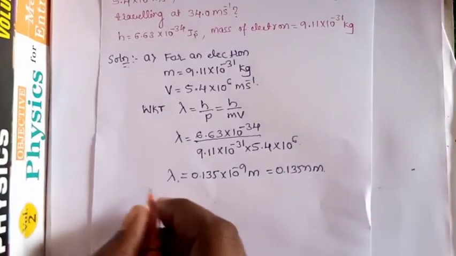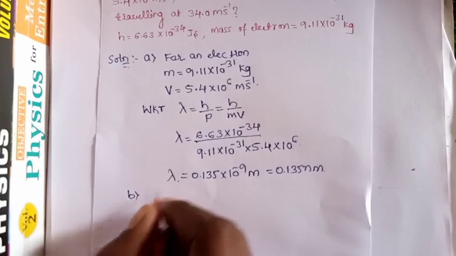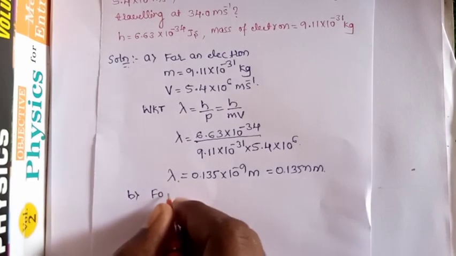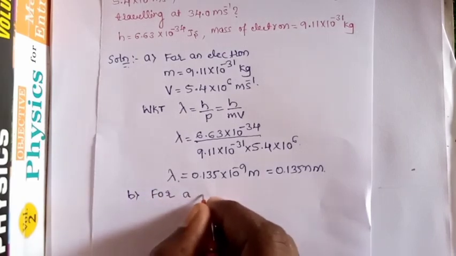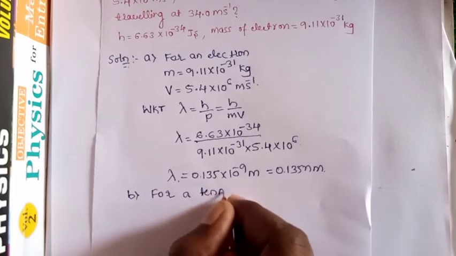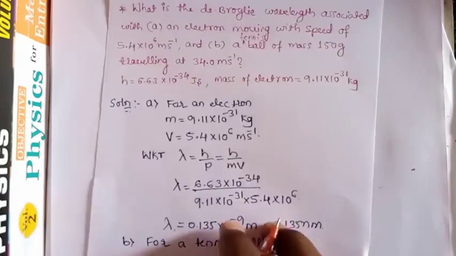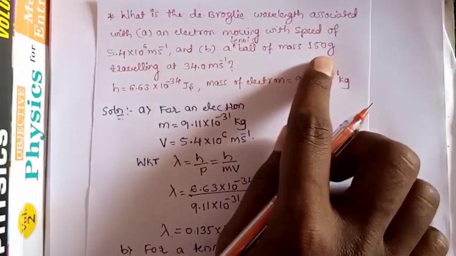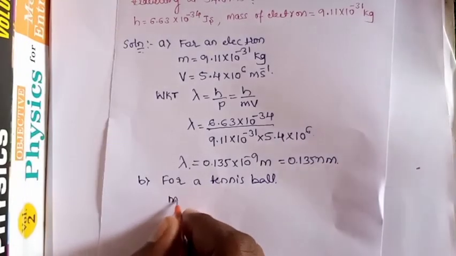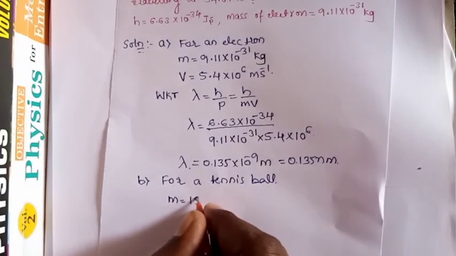And similarly for the tennis ball. Then what is the mass of the tennis ball given? That is 150 gram. m = 150 gram.